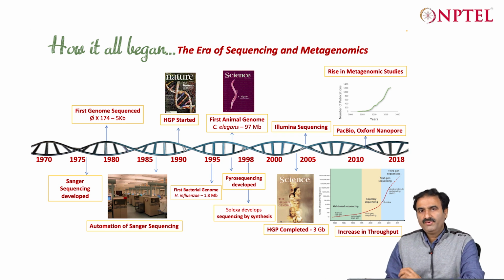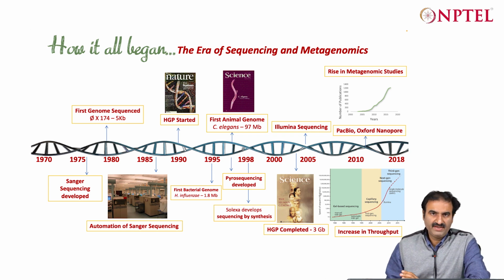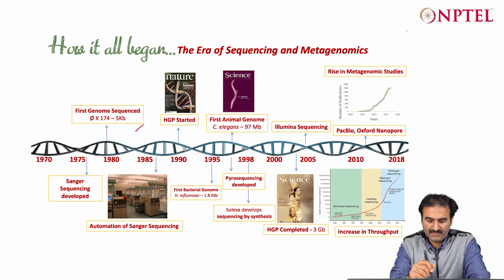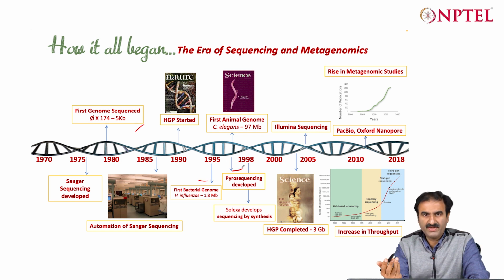Okay, so how did this field start? It all started with the start of sequencing methodologies, sequencing of the first few genomes, including viruses and important bacteria. It was mainly done by Sanger sequencing. Then came pyrosequencing, the Roche 454 instrument, which also worked well.